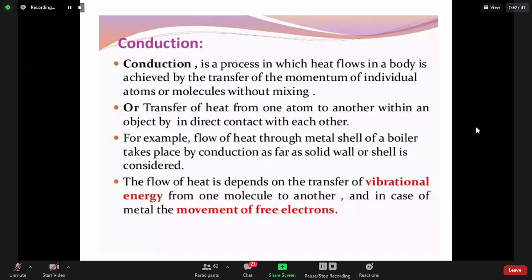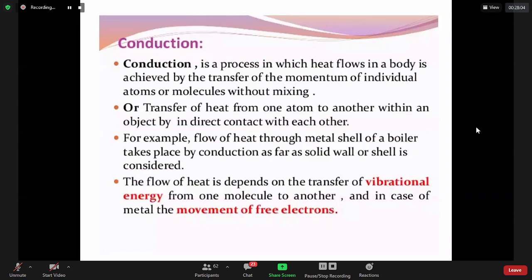So you find that an atom does not move. Instead, there is what you call vibration. In the process of vibration, heat is transferred from one atom to another within the object by indirect contact with each other.